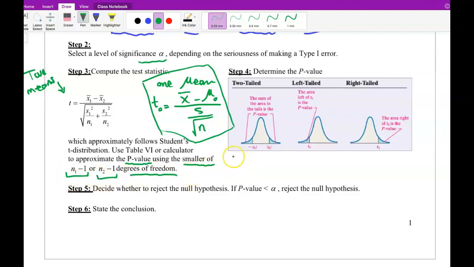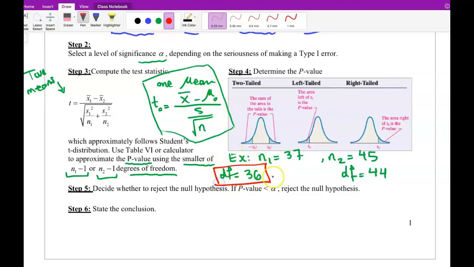For example, if N1 was equal to 37 and N2 was equal to 45, the degrees of freedom for this one is 36, since 37 minus 1 is 36, and here the degrees of freedom is 44. We should choose the smaller one, so choosing this one, the smaller of these for degrees of freedom.